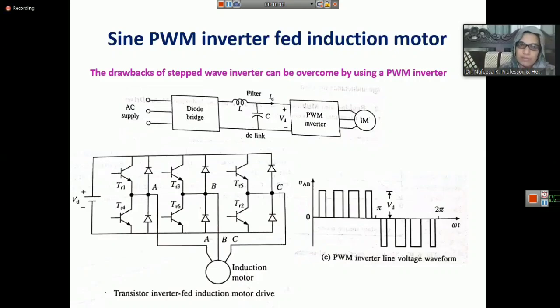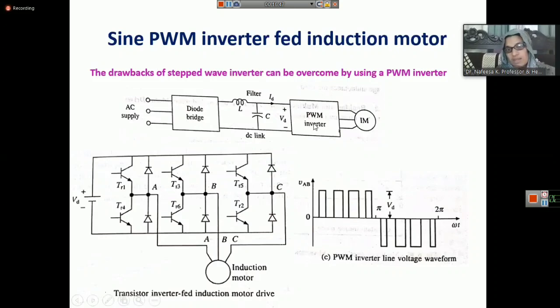This is the circuit block diagram setup in which the input supply is AC, and we are feeding the voltage through a diode bridge. Unlike the previous case, we are not using a controlled rectifier, where you need to vary the input voltage. This is given through the filter to the PWM inverter.